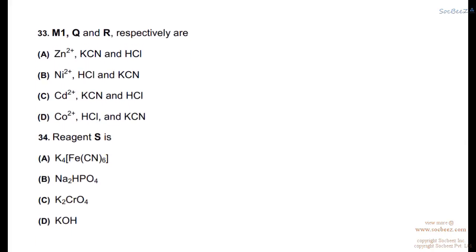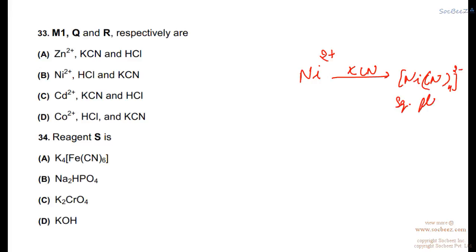Here, this reaction scheme is more suitable for a nickel complex, so let's see what happens in case of nickel. Ni2 positive with KCN gives Ni(CN)4 2 negative, and this is a square planar complex.